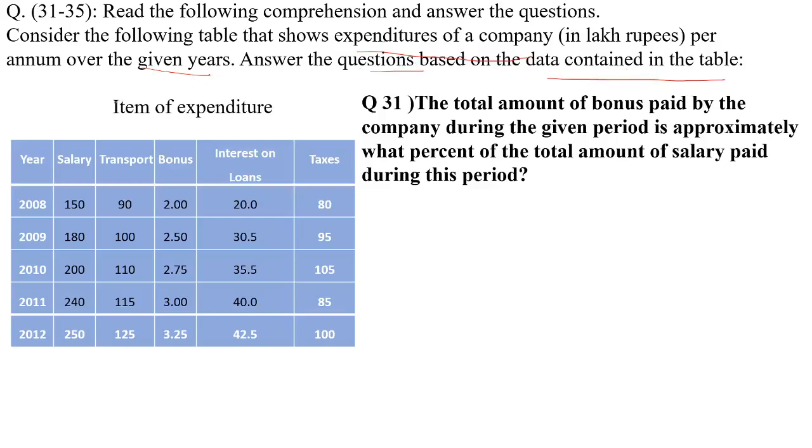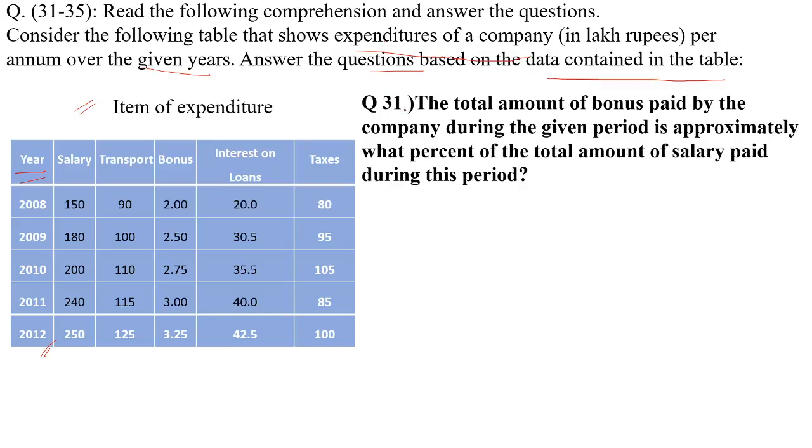So here the table has been given. You can see the years are given from 2008 to 2012, and the salaries are given. Then transport values are given, bonus, interest on loans and taxes for each and every year. Okay, so now we will see the question.